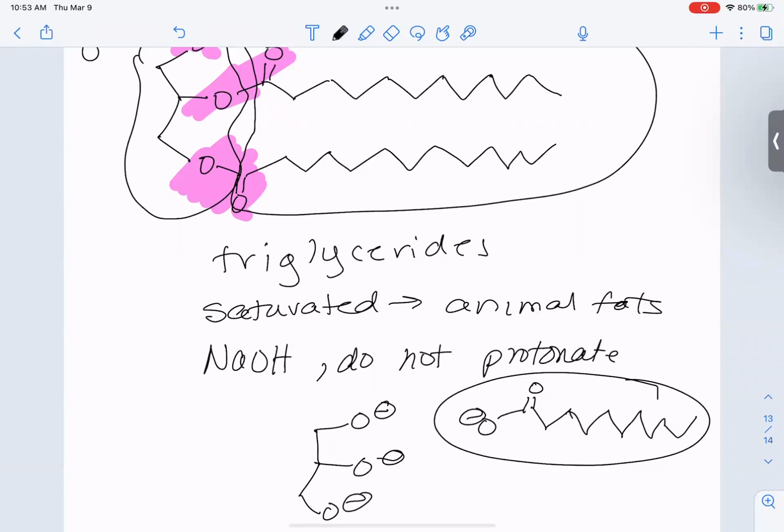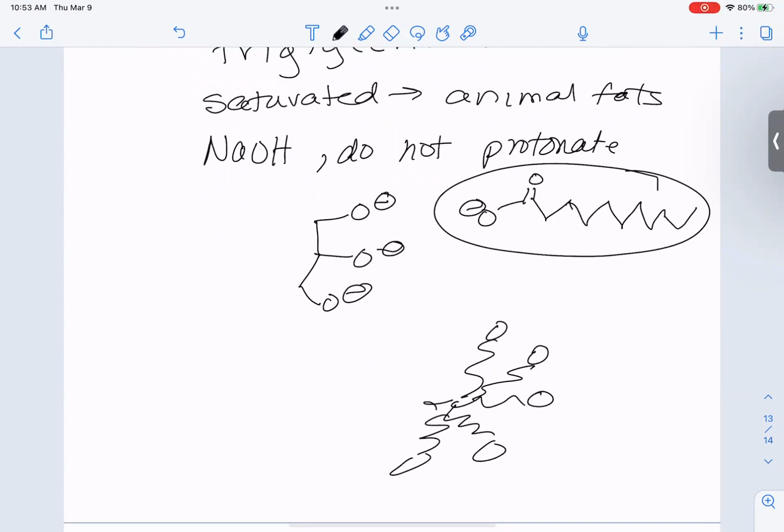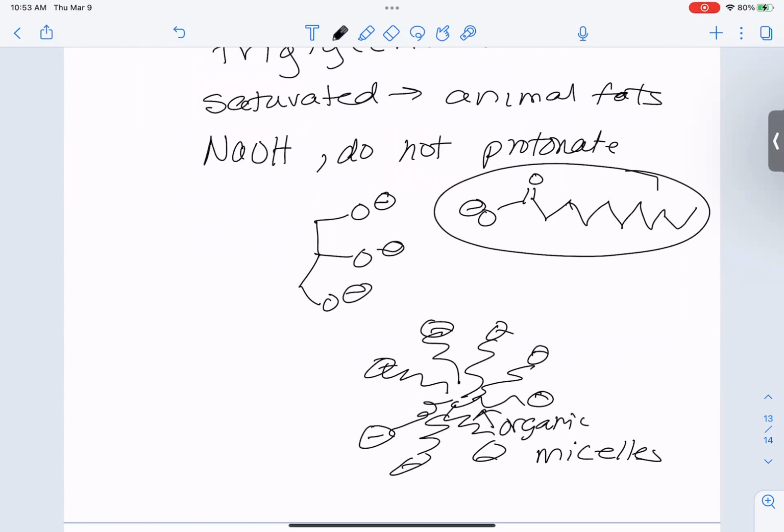And then these can form micelles, where you have the polar head groups, so there's your negative charges. So that your organic molecules get trapped and your polar molecules interact with the surface. So that's how we make soaps.